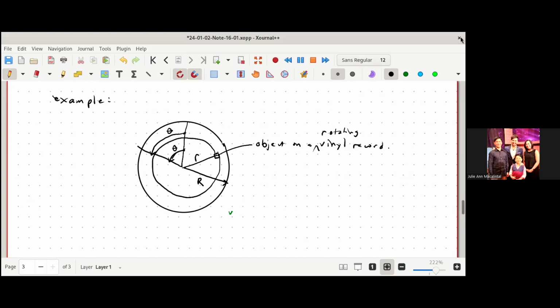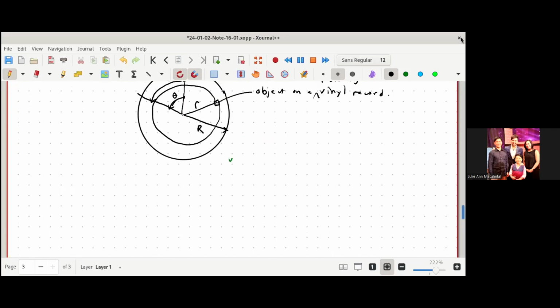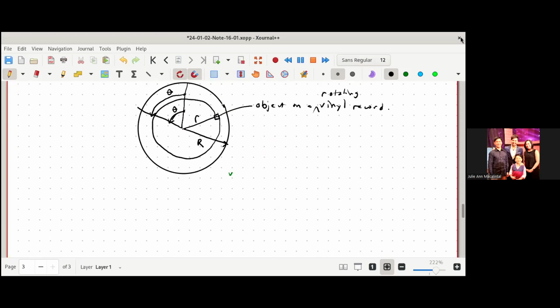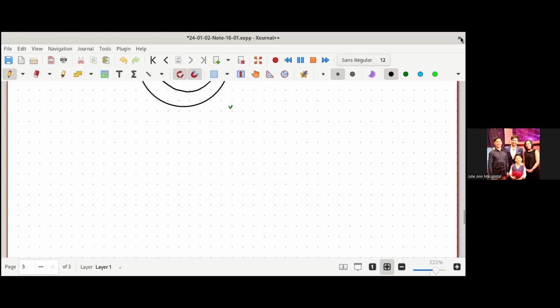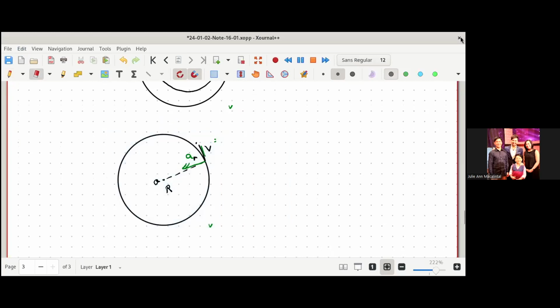Okay, so ngayon, ang titingnan natin ganito. Let's say may turntable, and we are at some inner radius. Tapos, alam natin yung angular velocity.